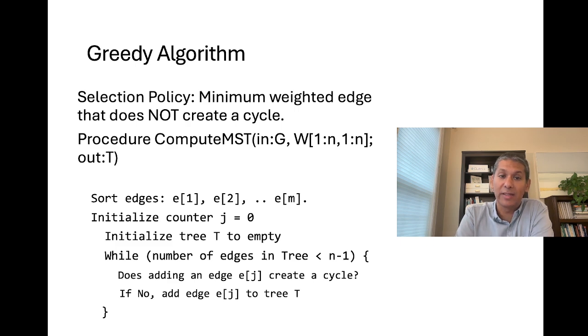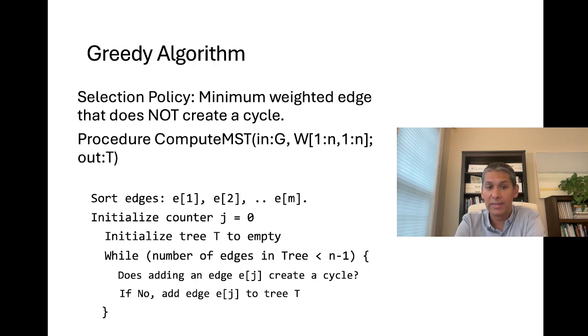Okay. So the specific algorithm that we have here is a well-known greedy algorithm, and because we're simply trying to select the smaller weight edges, we sort the edges E1 through EM in the order of the weight, and we initialize the counter to 0 and the tree to empty. While we don't have n minus 1 edges, we check: would adding an edge create a cycle?